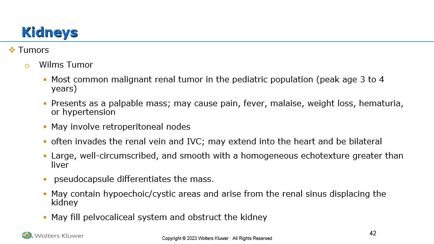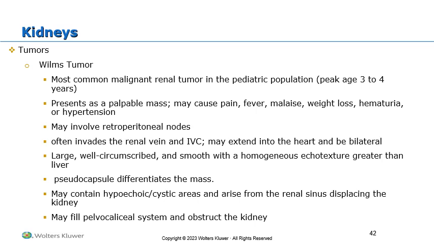Usually they're very large, pretty well circumscribed, smooth and homogeneous with an echotexture that's greater than the liver. Sometimes because they're compressing the normal tissue around them, it will create what we call that pseudocapsule, where there's not really a capsule, but the compression of that tissue makes it appear that there is.